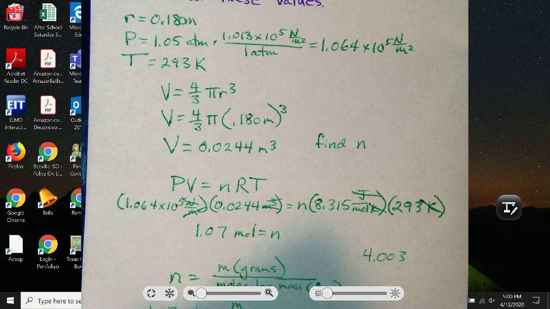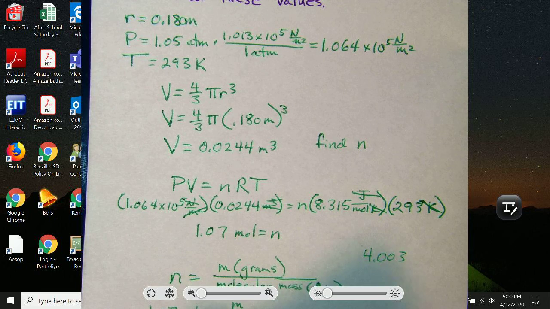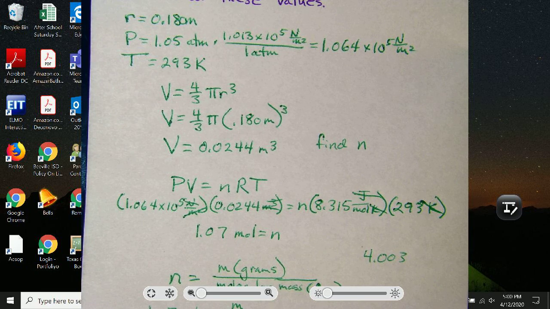And when you multiply that across, you get 4.28 grams. And that's the mass of helium you need.